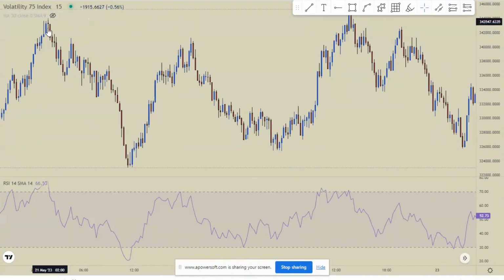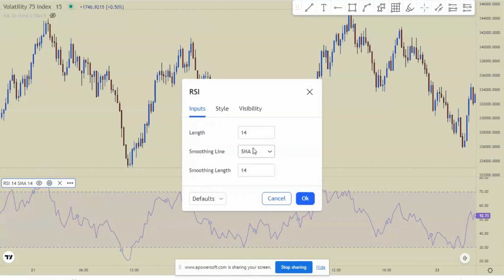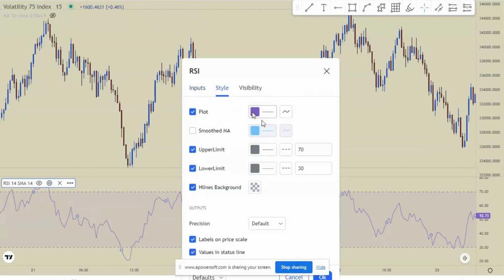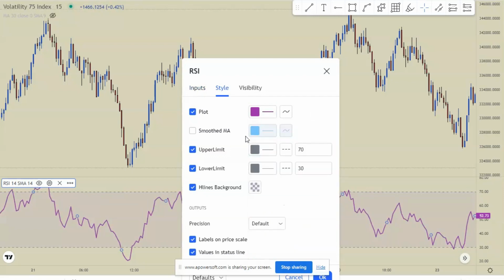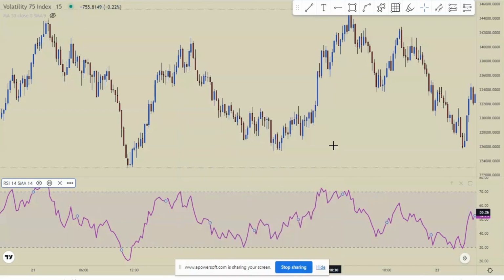Then first turn off the moving average here. Let me make this one a little bit more visible. So I think I can leave it like this.